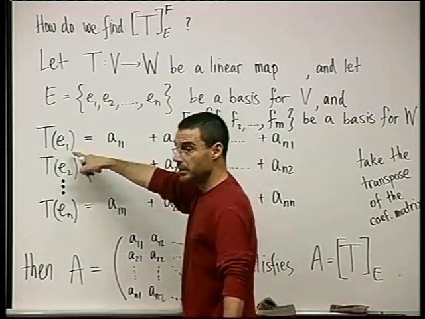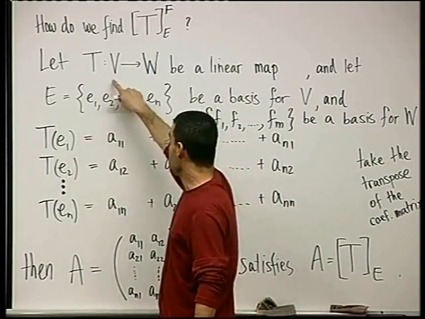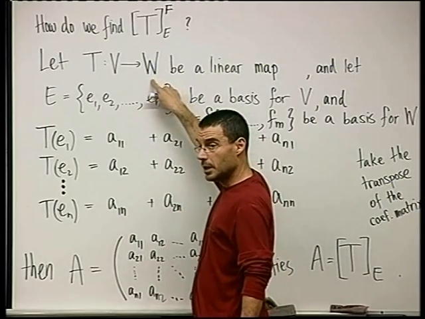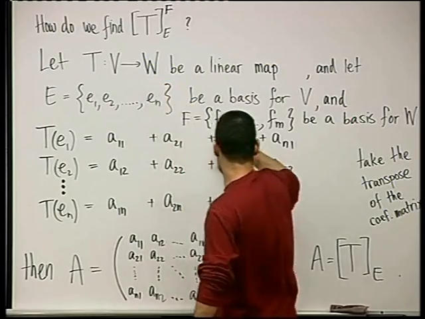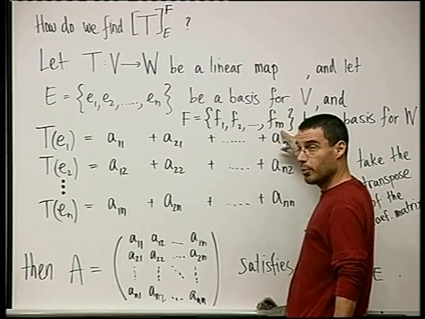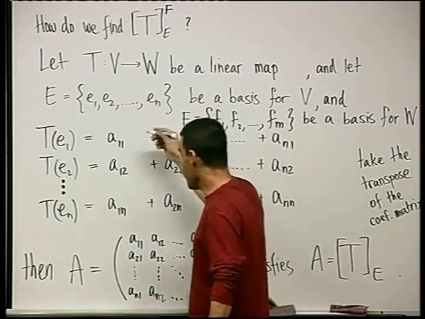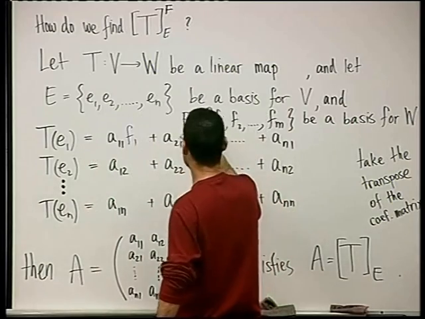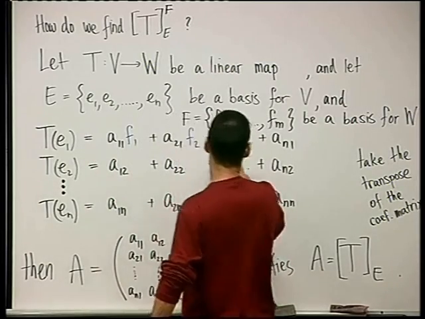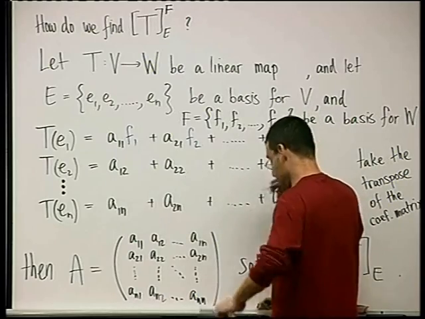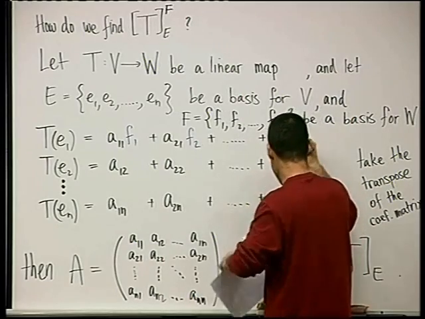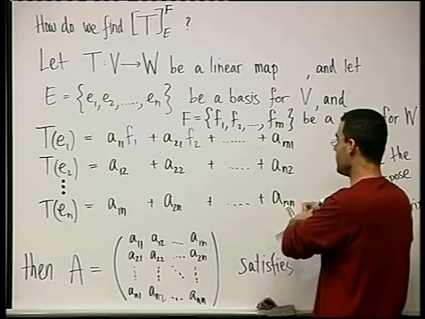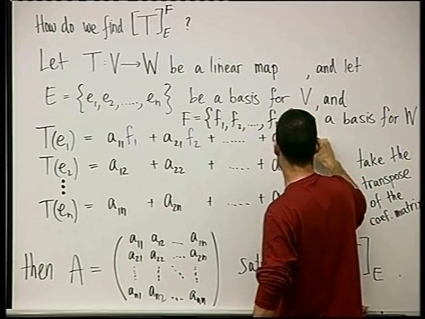T of E1 is now an element in W. An element in W is a linear combination of F1 through Fm. So it's some A11 F1 plus some A21 F2 plus dot dot dot some AM1 Fm.